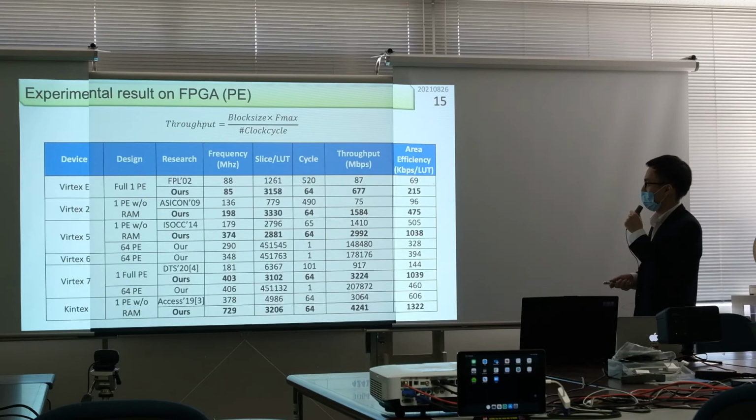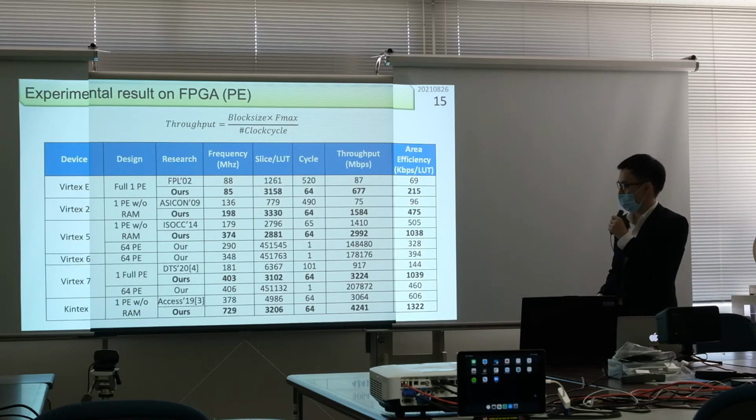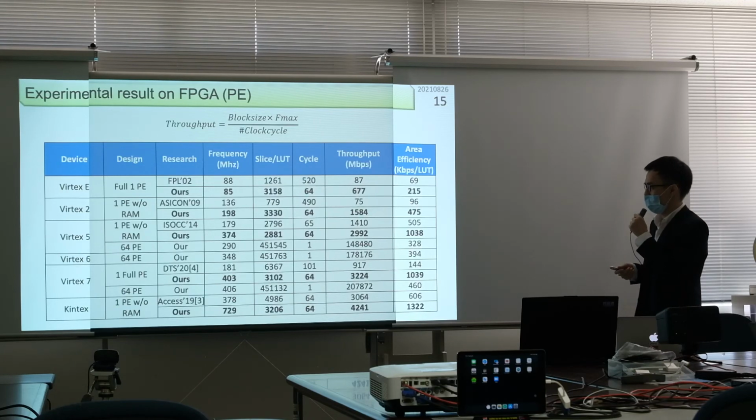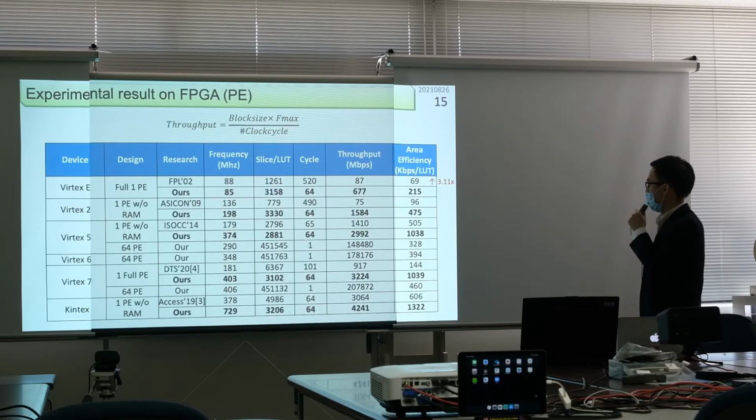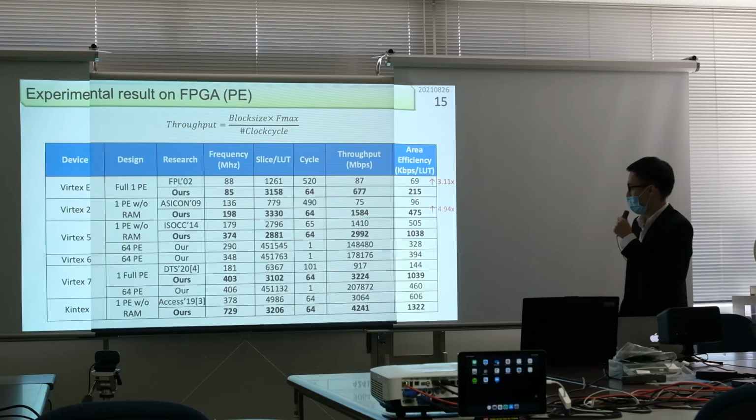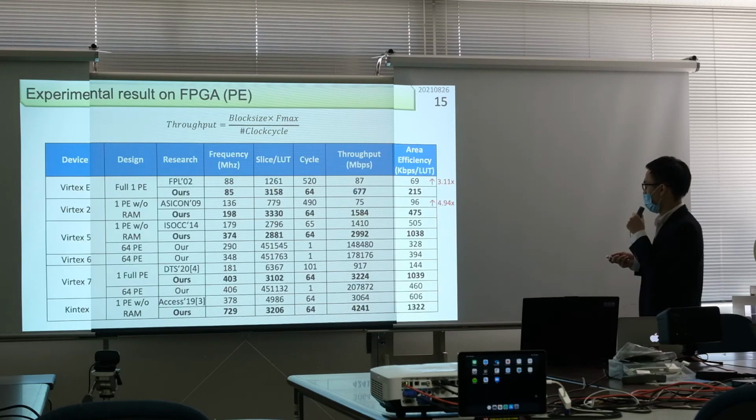And this is the experimental result on the FPGA of the PE. Some research uses the full PE, but some do not put the local memory inside the PE, so we try to compare with them. We achieve more than 3 times higher compared with the result on one version, and on version 2 we get higher than 4 times.